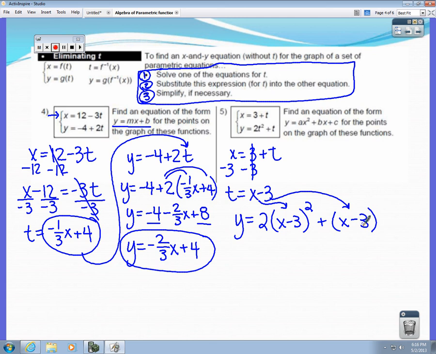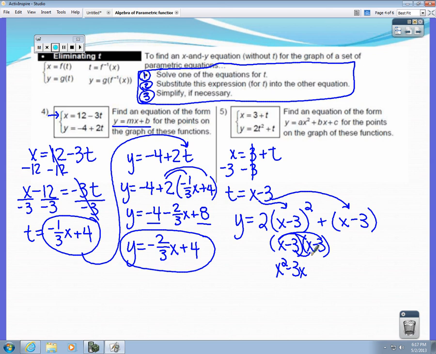And now comes the algebra part of the problem. We need to simplify. Remember your order of operations, exponents first. So x minus 3 squared, you're going to have to use FOIL or box. x minus 3 times x minus 3. So let's use FOIL. x times x is x squared. x times negative 3 for the outside is negative 3x.